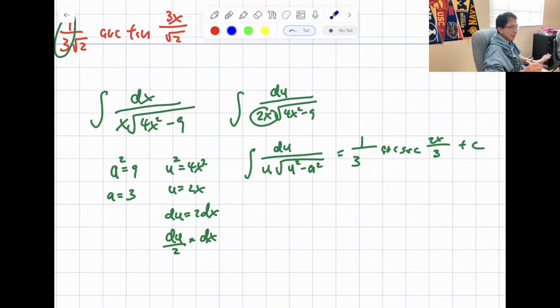So I actually didn't take a 2 outside, because usually I would take a 2 outside. But since this is an x, it's not u, because u is equal to 2x. So you need a 2 there. I just changed it so u is equal to 2x there, so I'll leave the 2 inside. Yes.